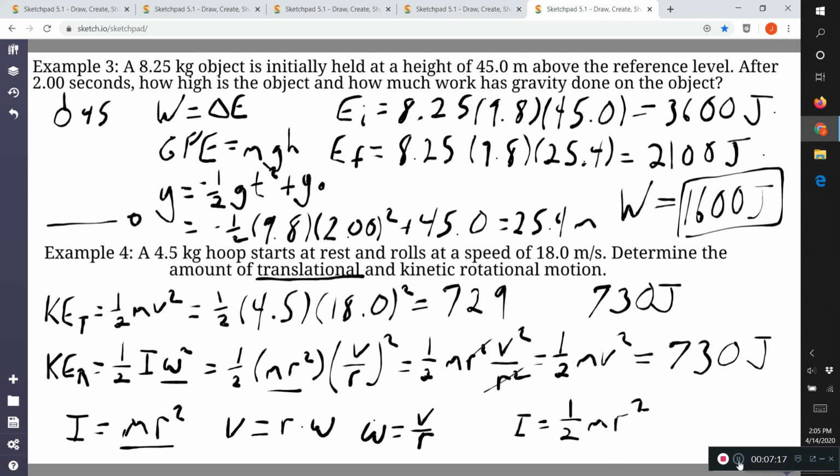If we would have put an additional 1/2 right here, we would have ended up with essentially half the final answer. If it was a different shape, it would be a different fraction there. You can look through the different formulas and kind of see how that would modify. But for a hoop, the translational kinetic energy is the same as the rotational kinetic energy.